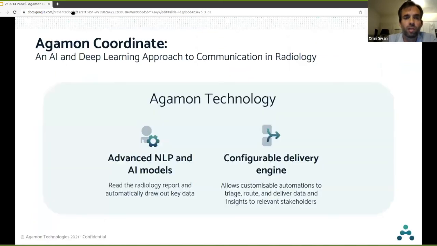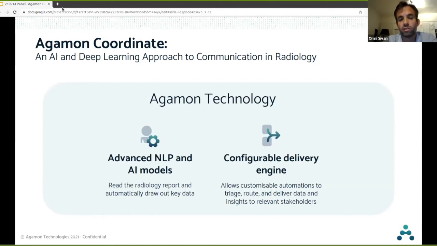A few words about our technology, which obviously enables all of this. Firstly, we use advanced NLP and AI models, as was also mentioned here in other fields. We have proprietary NLP technology that we've built in-house and that was trained on tens of millions of radiology reports.